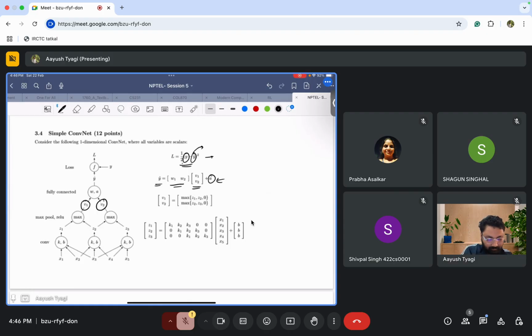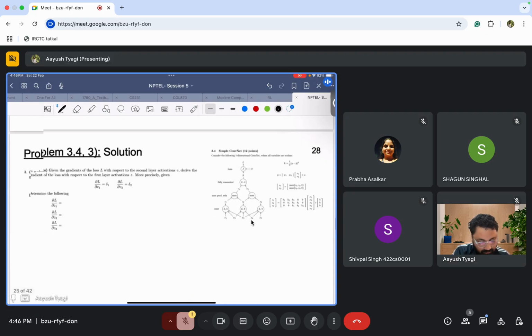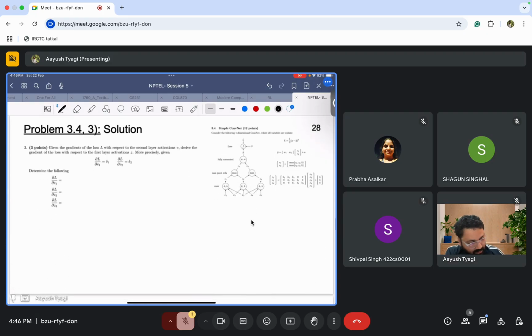So V1 is max of Z1, Z2, and V2 is max of Z2, Z3. The question they're asking here is what is the effect on the loss with respect to Z1?